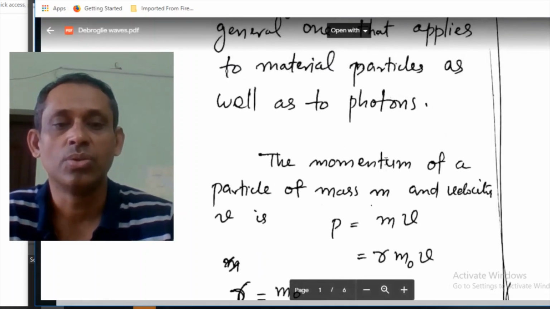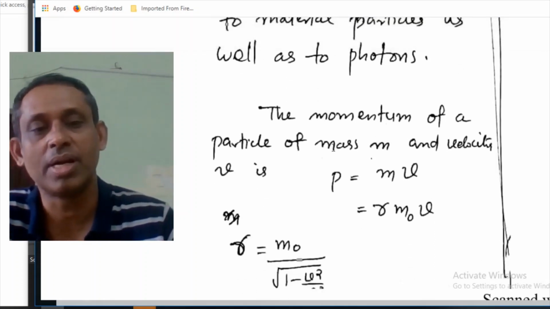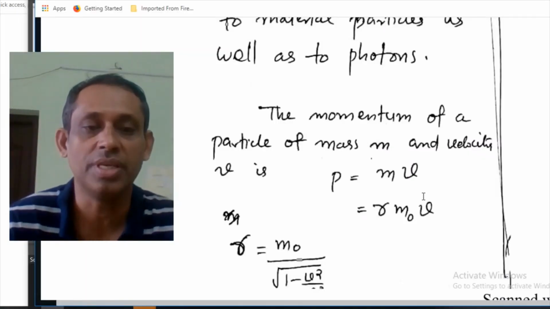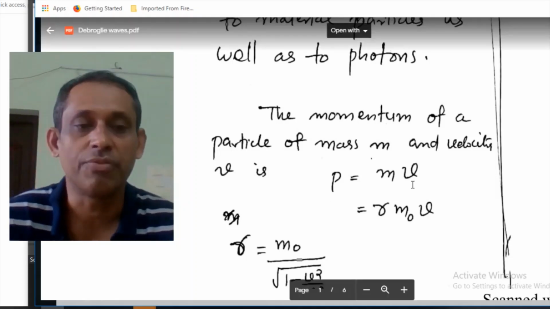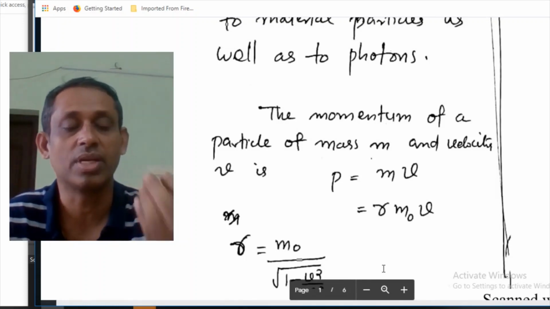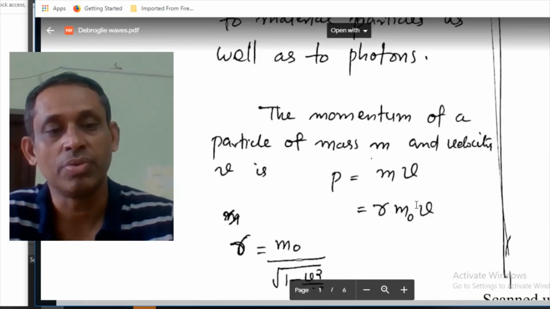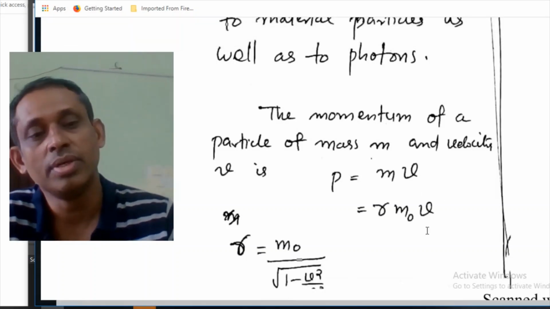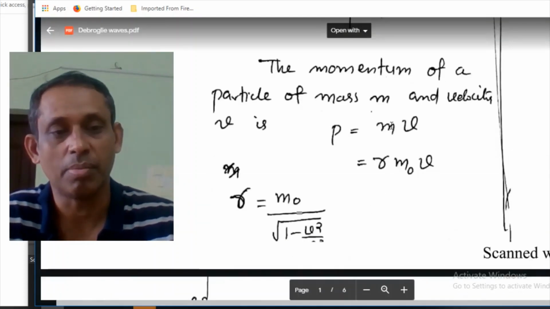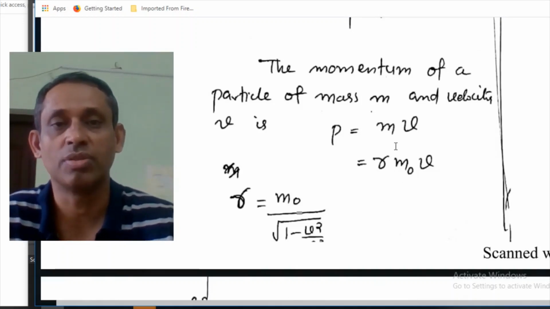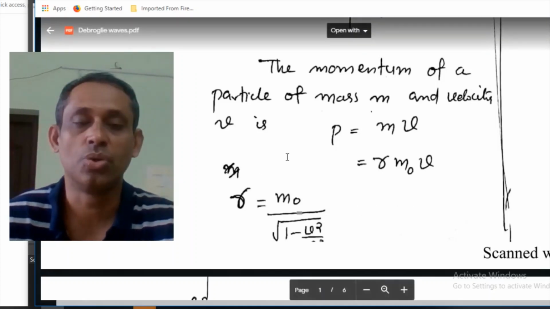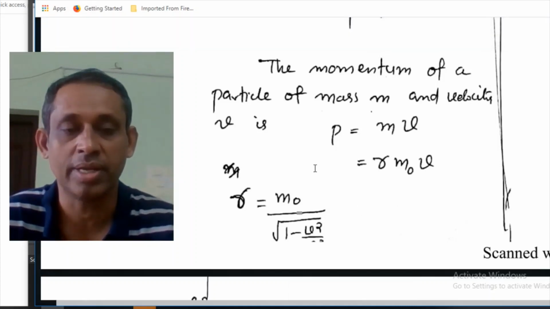So if we apply that equation to material particles, we know the momentum of a particle of mass m and velocity v is given by p equal to mv. And if the particle is moving at relativistic speeds, we have to consider the equation gamma m0 v, because at relativistic speeds the mass varies and the mass of the particle is related to the rest mass by the relation m equal to m0 over root 1 minus v square by c square.